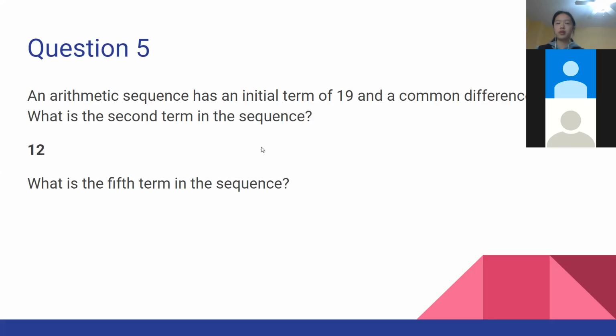For this one, you need to find the fifth term in the sequence. You could obviously just subtract the common difference 4 times, but try to apply our strategy to find the fifth term. 12 is incorrect. -16 is wrong.